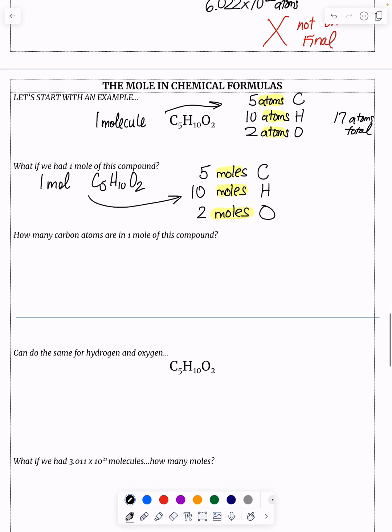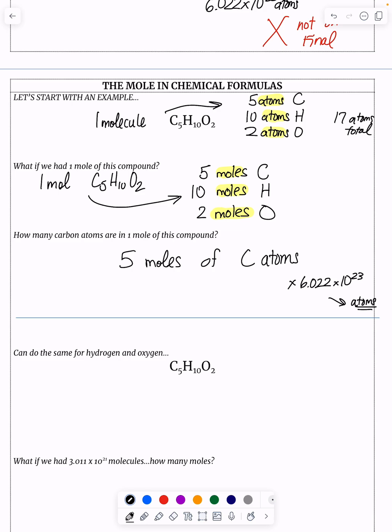Now it says how many carbon atoms are in 1 mole of this compound? It'd be 5 moles of carbon atoms. If I really wanted to calculate this, and this may be like an extra credit question, I would multiply this by Avogadro's number, 6.022 times 10 to the 23rd, which would give me how many atoms in total.